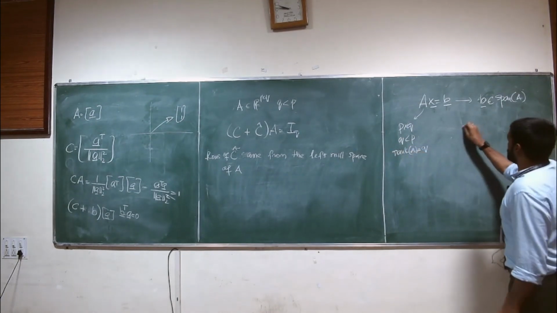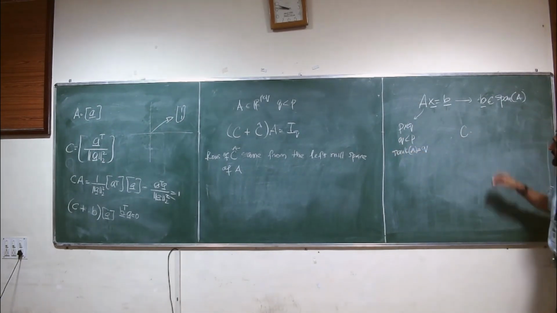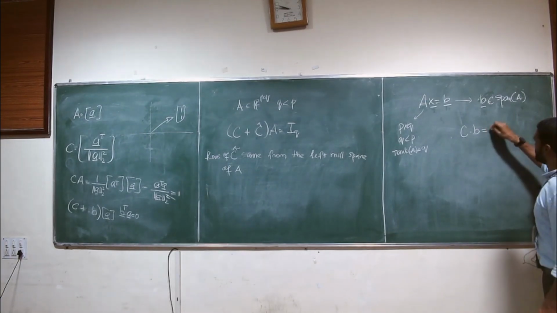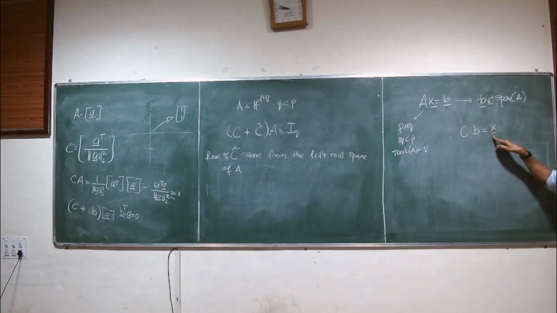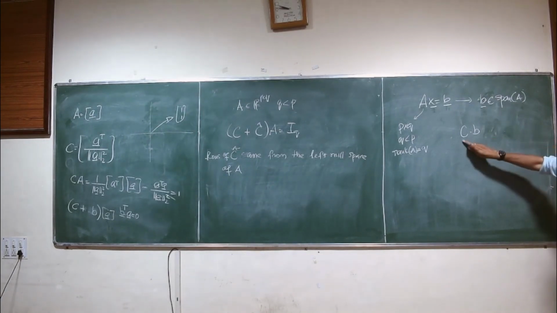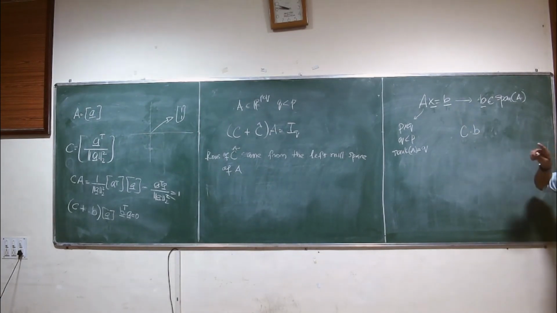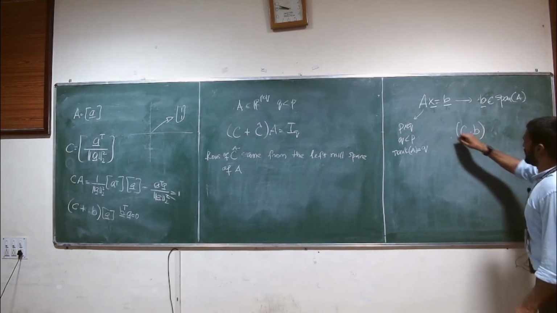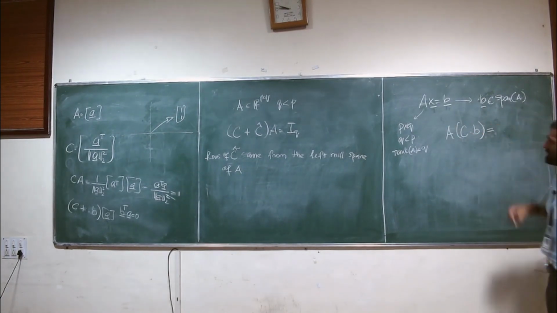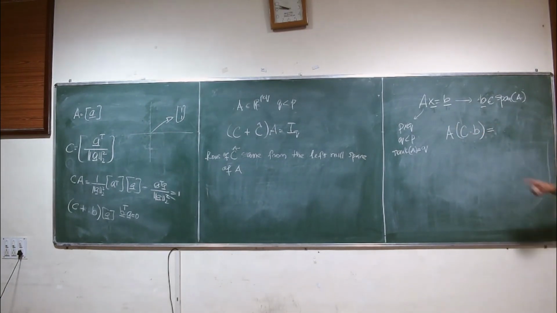You can choose any left inverse and multiply it by B. The x that you get, if you multiply it by B, you get some vector, and you do this, and you'll get B. Again, this is true only if B lies in the span of A.